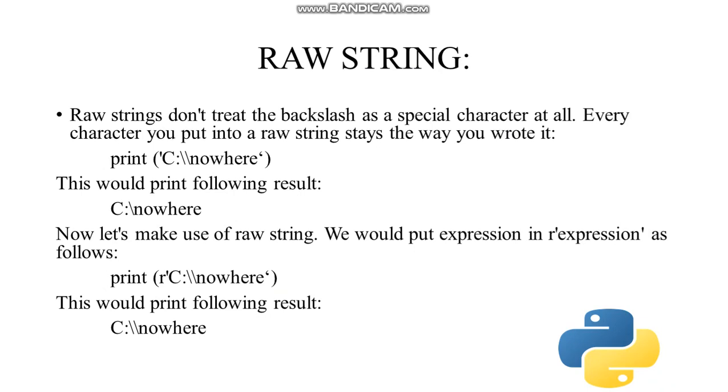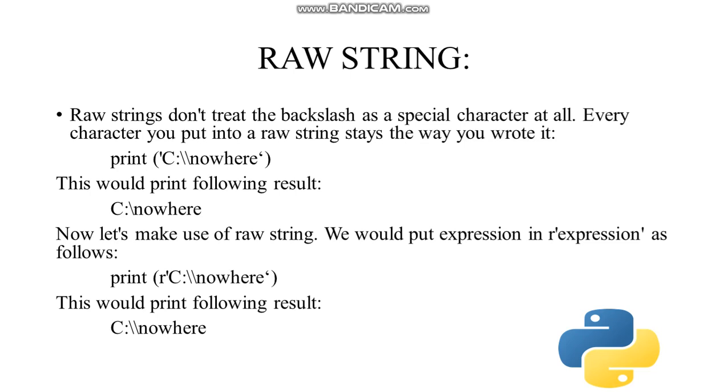Next topic is raw string. A raw string doesn't treat the backslash as a special character at all. Every character you put into a raw string stays the way you wrote it. So for example, if you want the string to stay the way you have written it, and you want the compiler not to consider the backslashes as special characters, you have to write it as a raw string. For example, I print C:\nowhere.